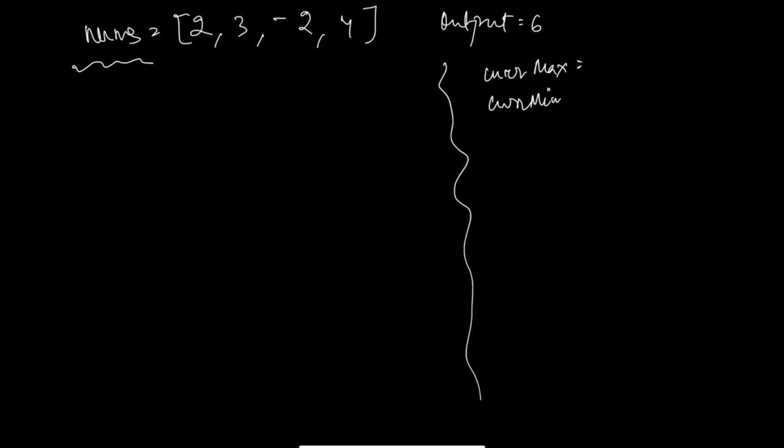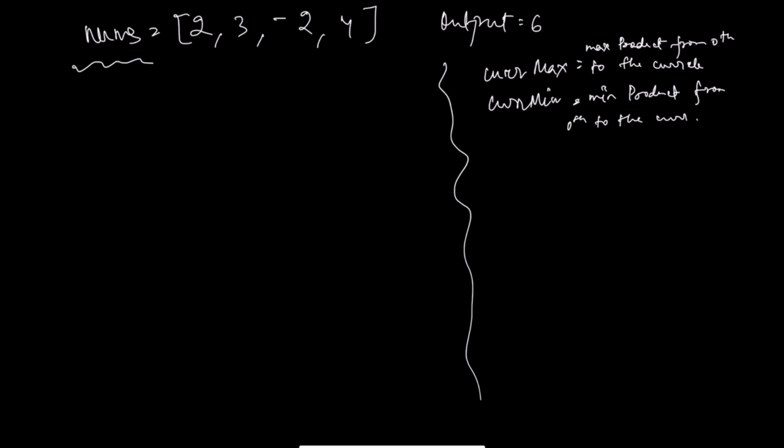In maximum we will store our maximum product for a subarray from its 0th to the current element. Now for the minimum we will keep the minimum product for a subarray from its 0th to the current.